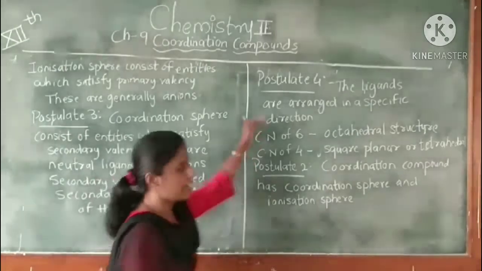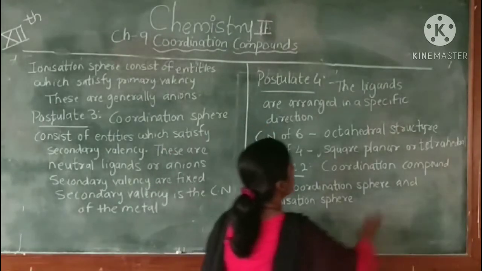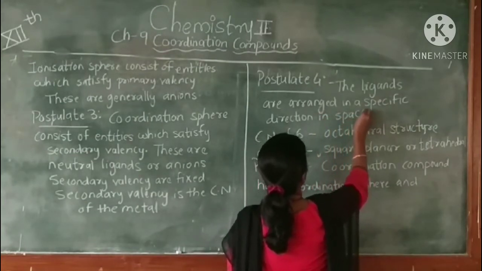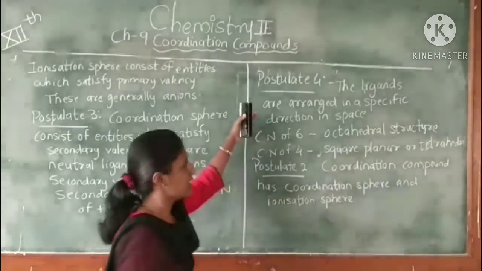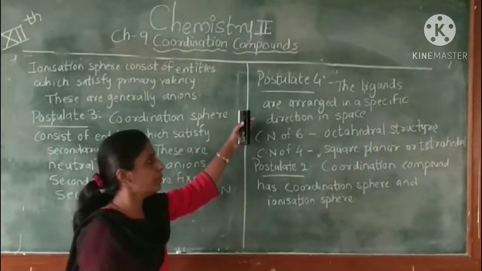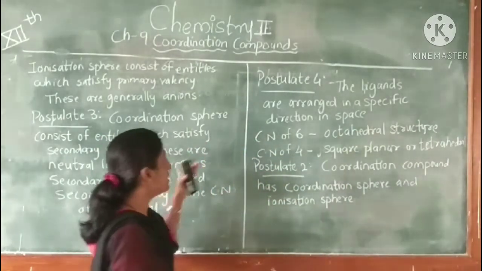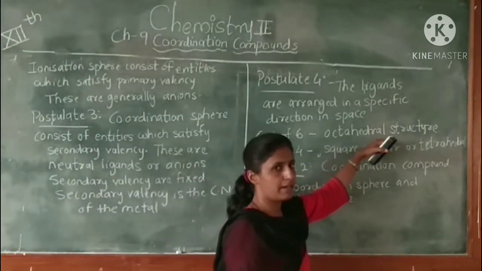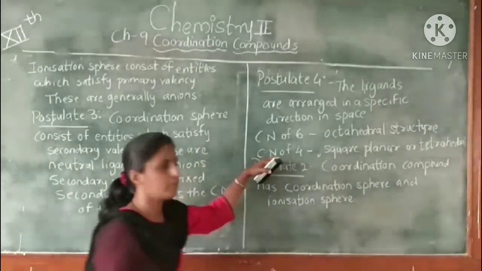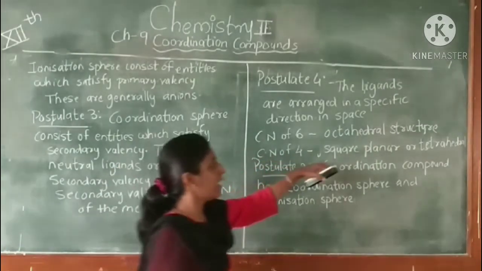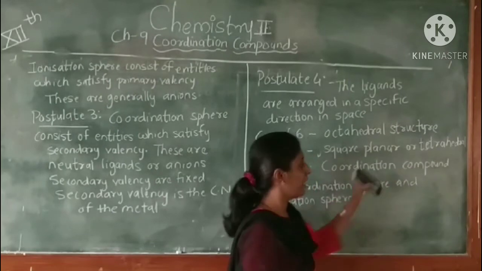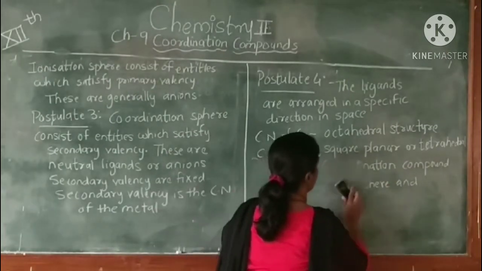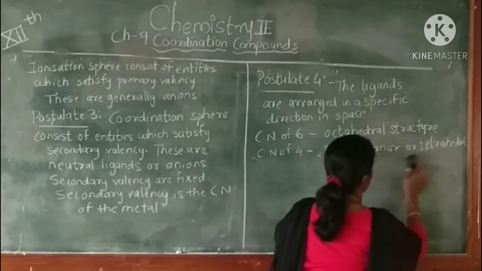The fourth and last postulate is specific direction in space. The ligands are arranged in a specific direction in space, due to which they get a particular structure. Metals with coordination number 6 have octahedral structure, and those with coordination number 4 have square planar or tetrahedral structure. I will show you with the help of an example of a cobalt complex.